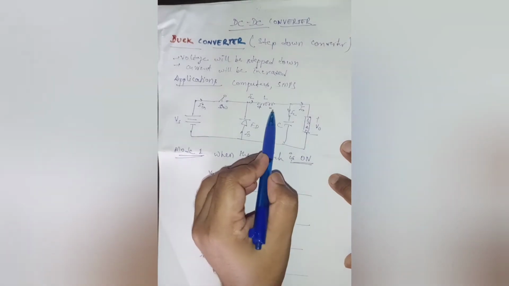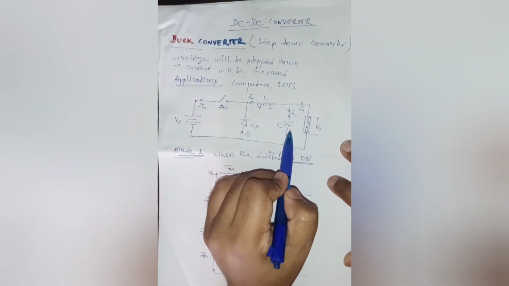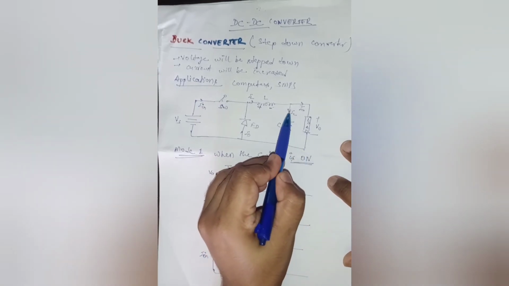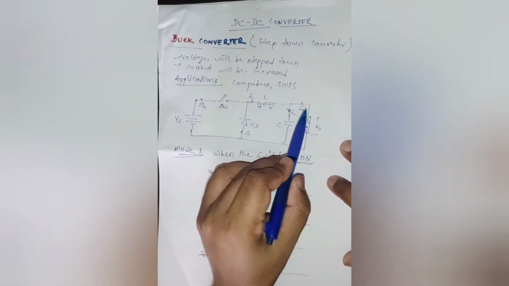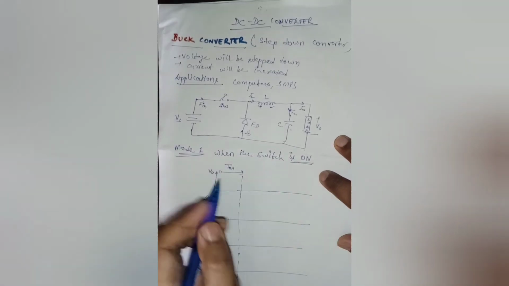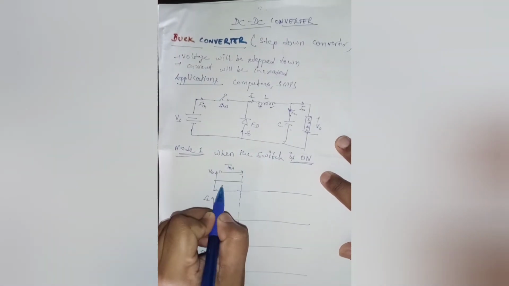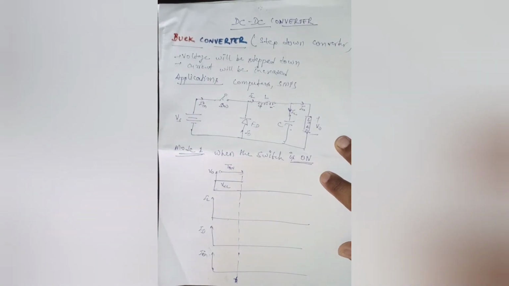And it will go to the load, and some partial current will flow in the capacitor. Then IC current will also flow. So when current flows, we will get the output voltage V naught.